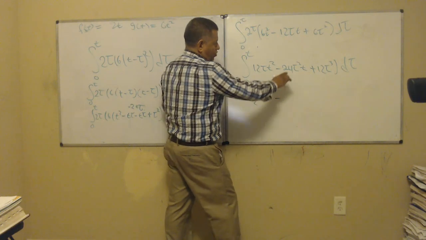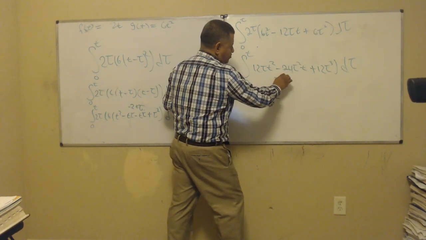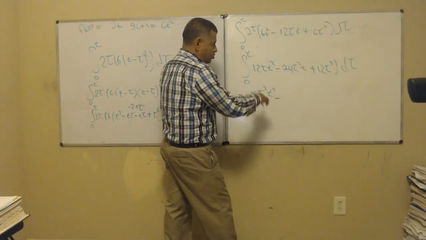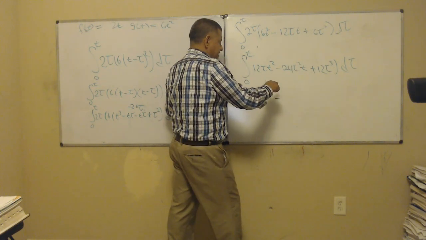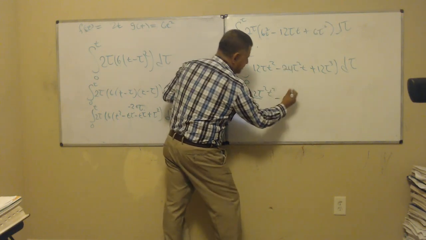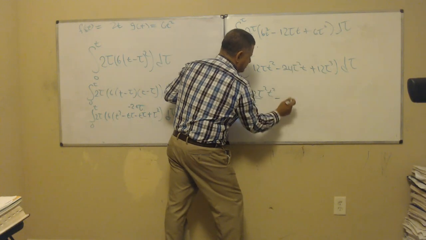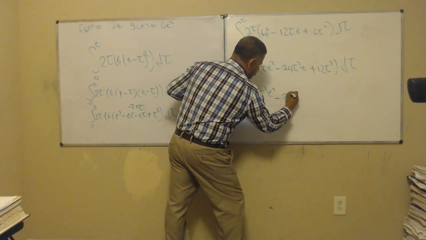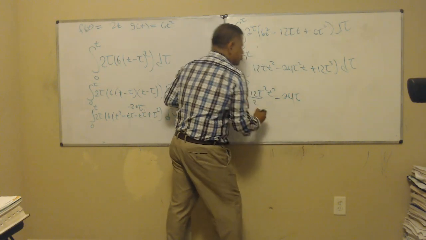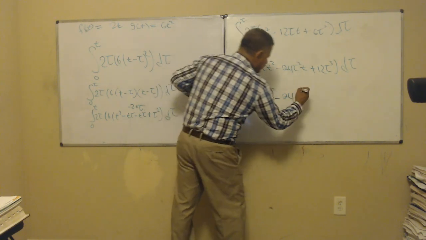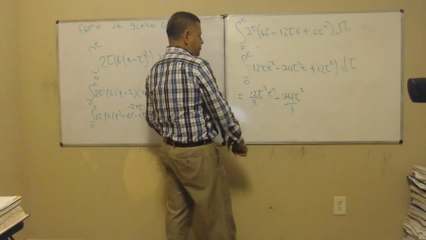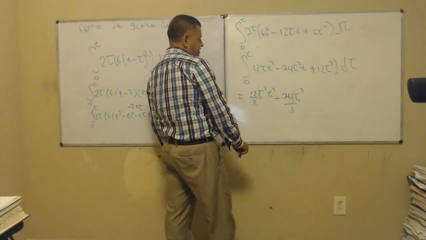Now this 24 tau squared t, integrated with respect to tau, becomes 24 tau cubed divided by 3, divided by the new exponent again.